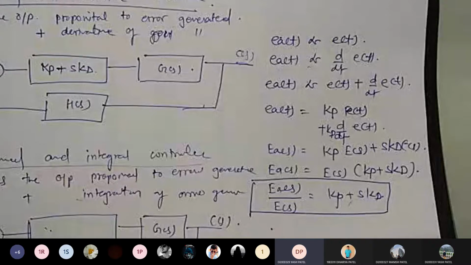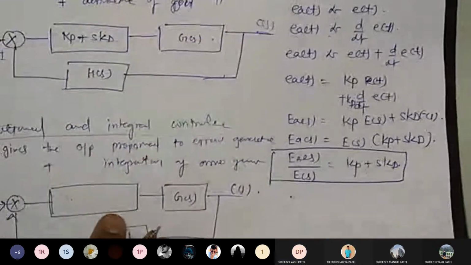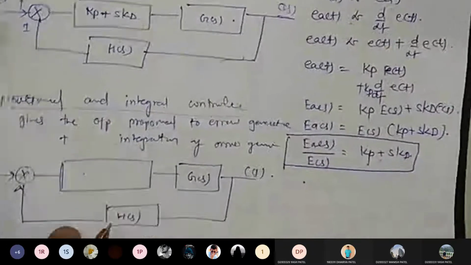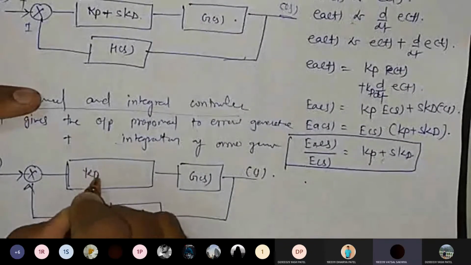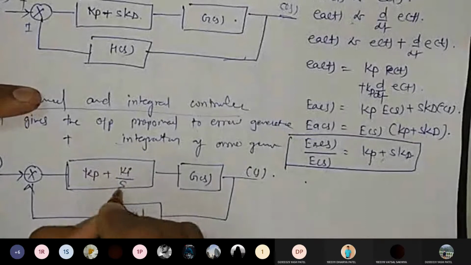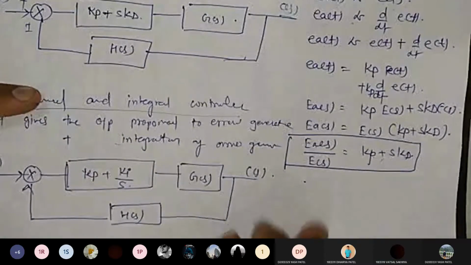Anybody got the answer, or shall I write directly? I want answer for this block. Kp plus Ki by S. That derivation you have to do over here.